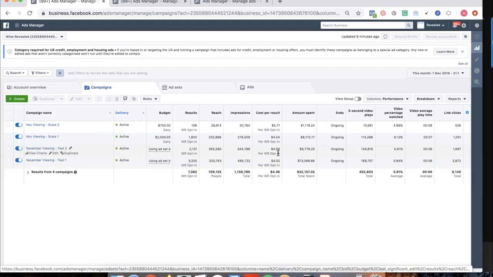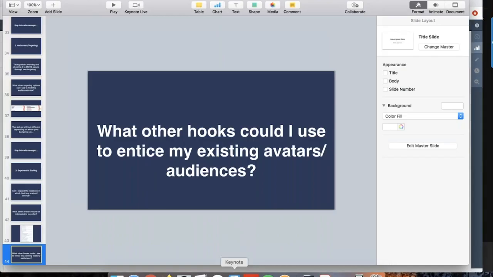So once these campaigns both go over $5, something I could do is duplicate both of them and just delete all of the ads from them right now, and replace them with fresh ads that have completely different hooks, right? And completely different reasons for them to take action.